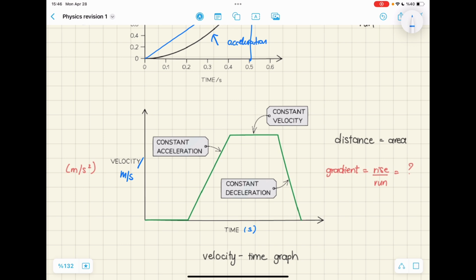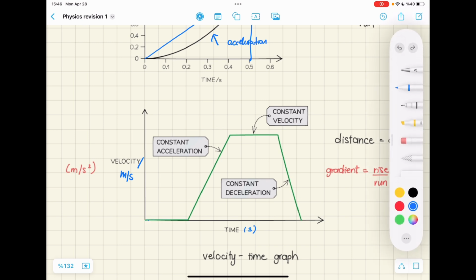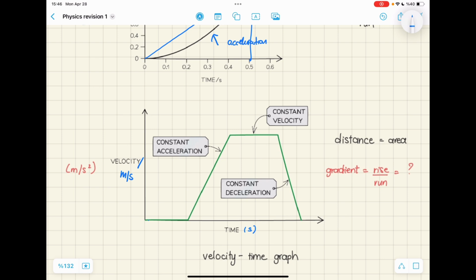In this area here, we actually don't have acceleration because it's a constant line, not a straight line. All of them are straight lines. So in this first part, I will have constant velocity, which is zero.